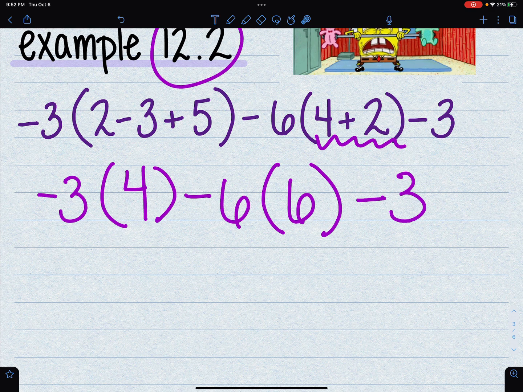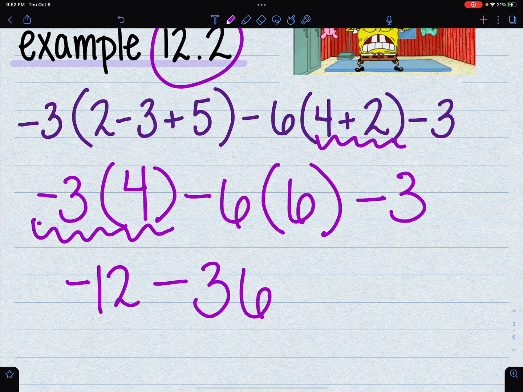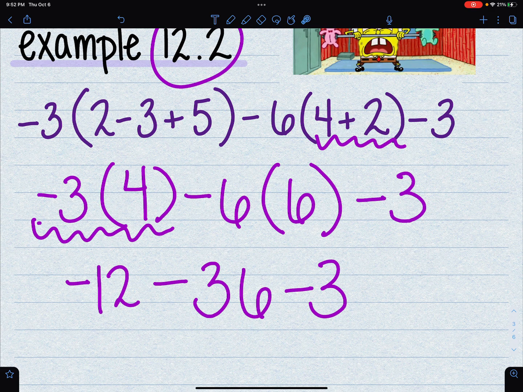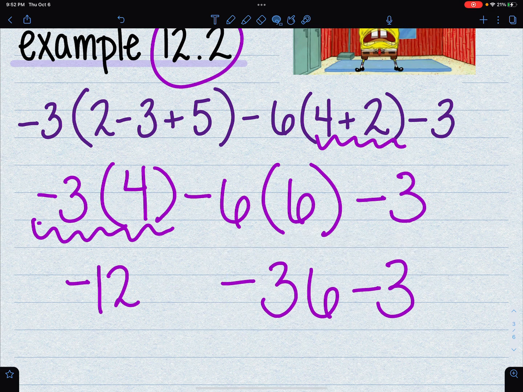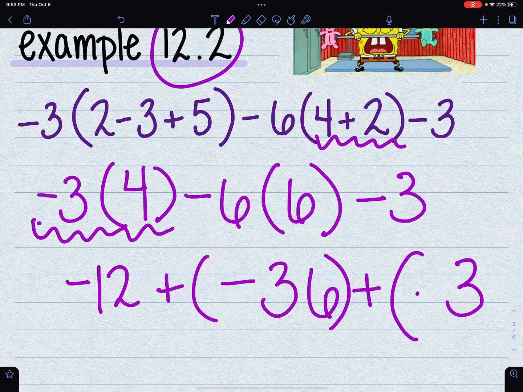So let's multiply. So we're going to do -3 times 4. So that's going to be -12 minus, what's the next thing? Multiply. 6 times 6, 36 minus 3. Now all I have left is subtraction or algebraic addition. The reason I say algebraic addition is because they want you to think about it as if you're doing this: plus a -36, and then plus a -3.